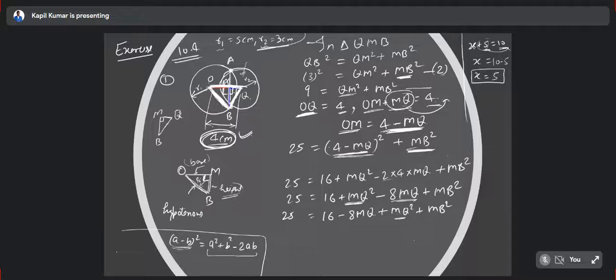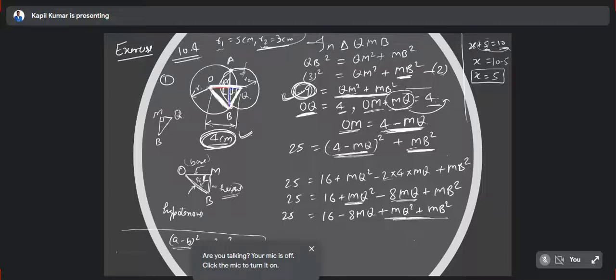Okay, so from this equation, this MQ square plus MB square, we can take it to be 9, because in this equation it is written here MQ square plus MB square, so we can take it as 9.